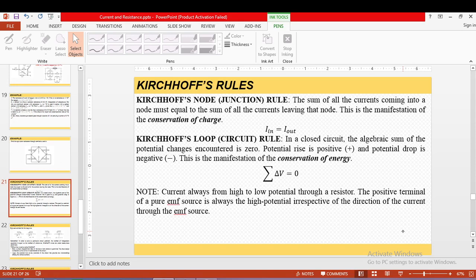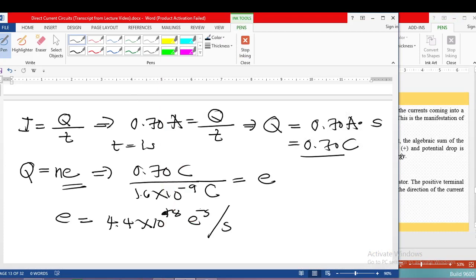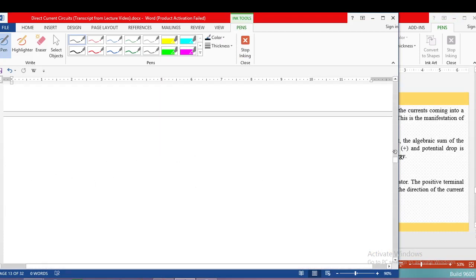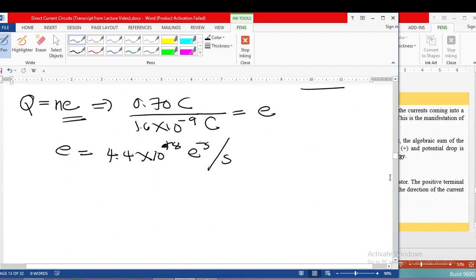Okay, so now, how can we understand this rule? Think of an analogy with a water pipe. Usually water pipes, right?